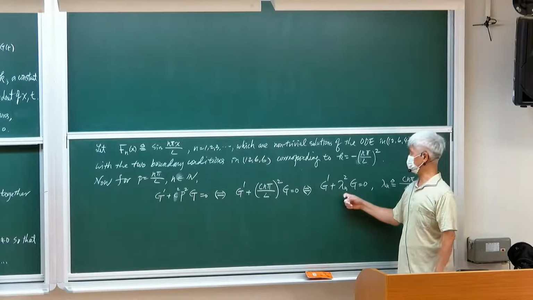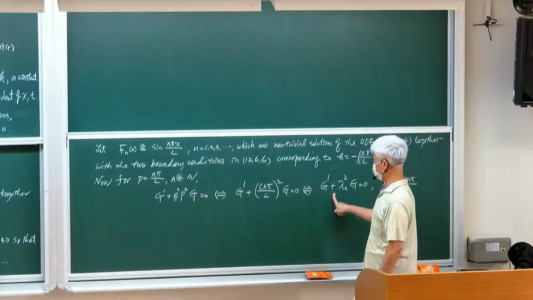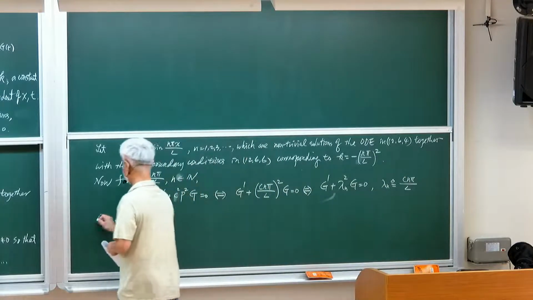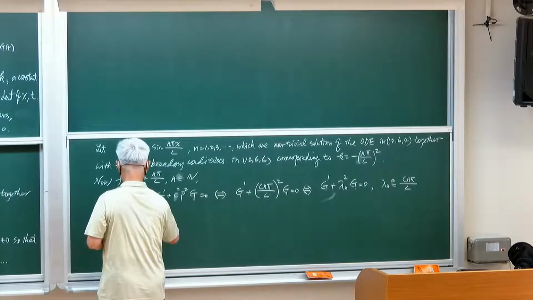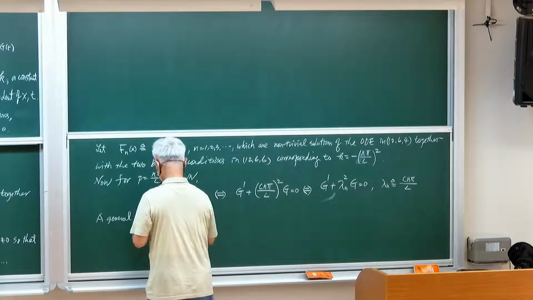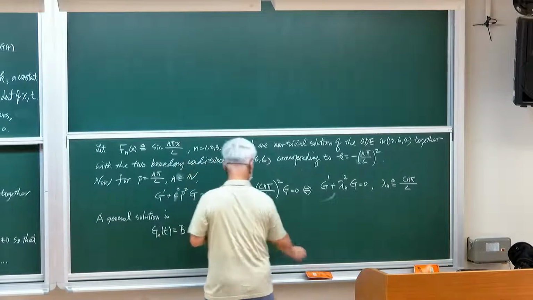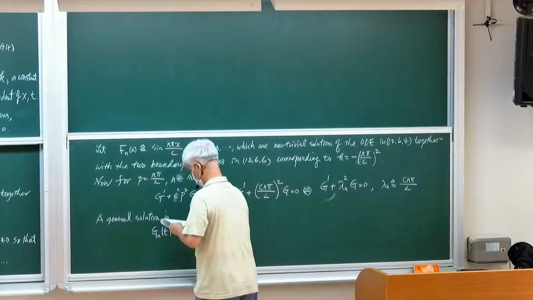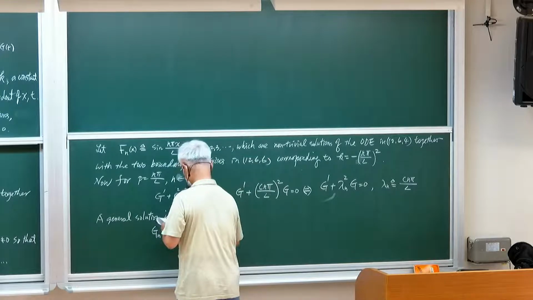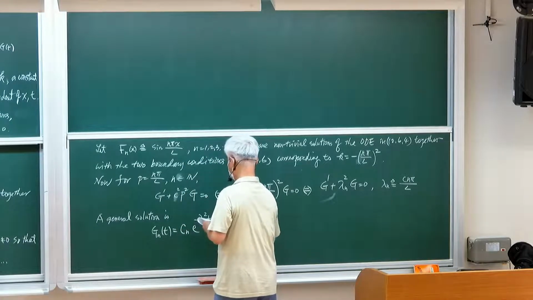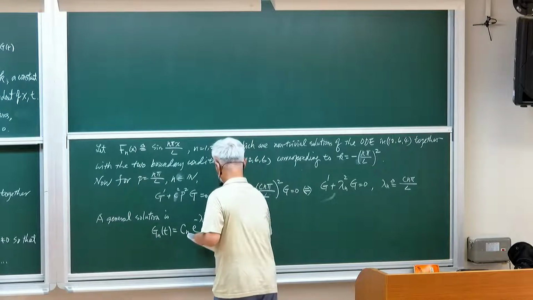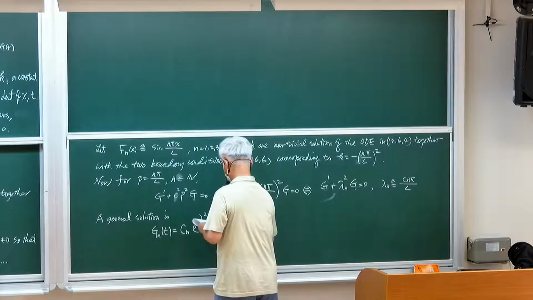It is a first order ordinary differential equation, and we find a general solution is G_n(t) equal to C_n e to the minus lambda_n squared t.